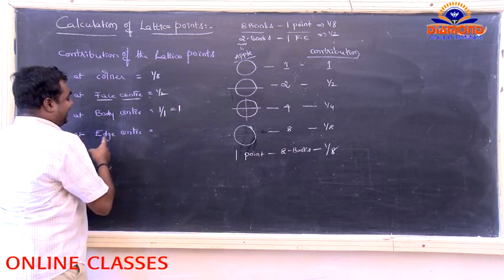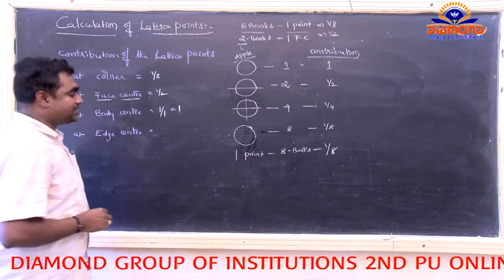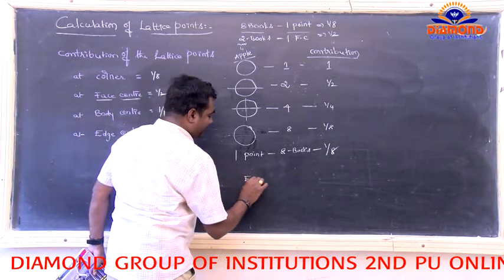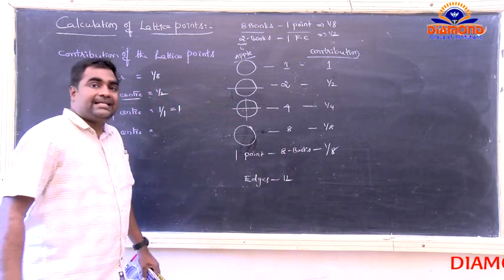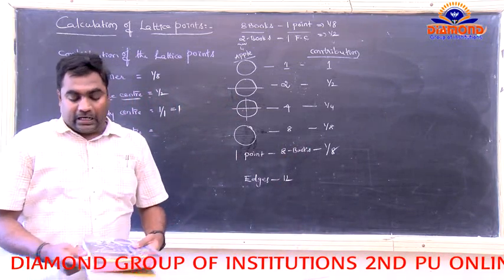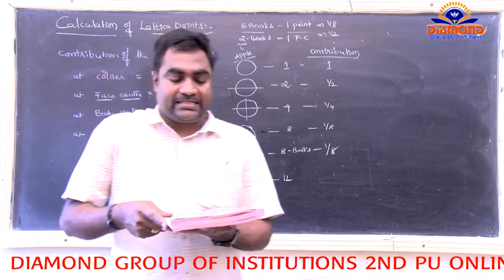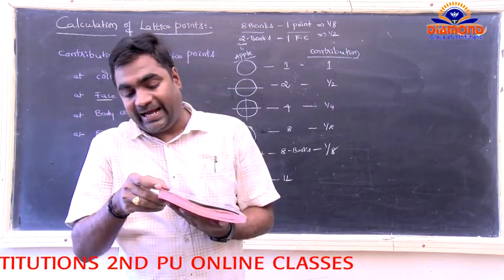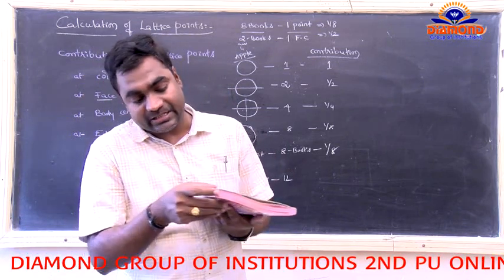Now what about the edge center? So the edges, how many edges are present? We got 12 edges. So here, how many edges are present?